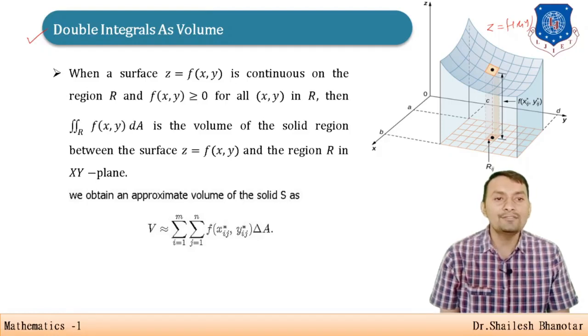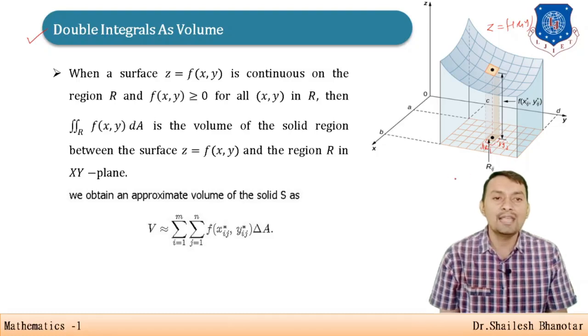Now you can find the volume of this highlighted region. We know that volume is area multiplied by height. So this is the region, which can be considered as dx i, and this is dy j, because we have assumed the ij-th particle.